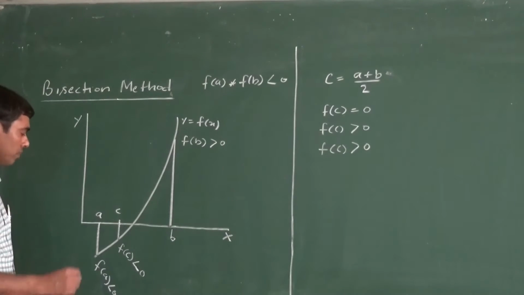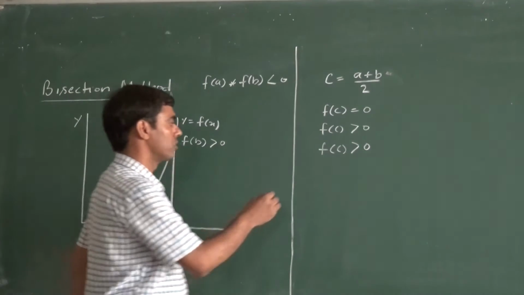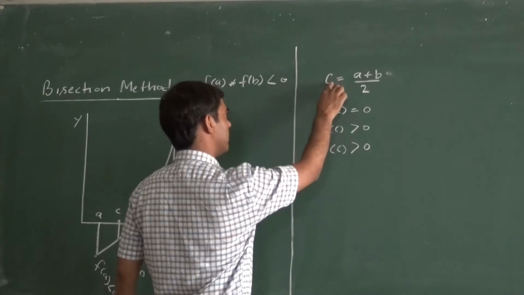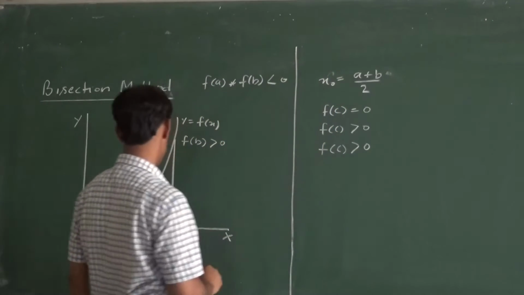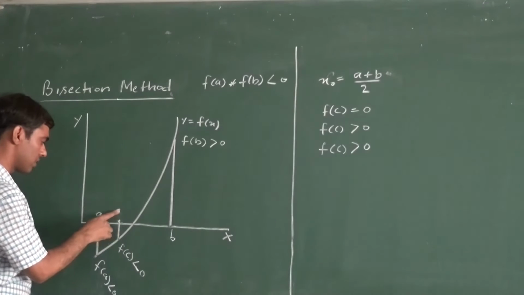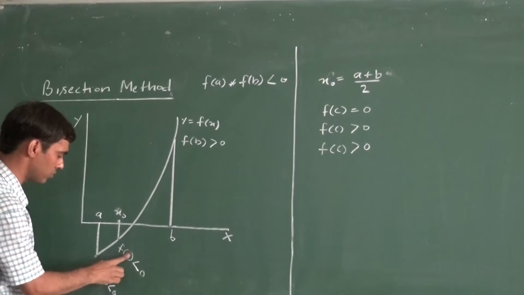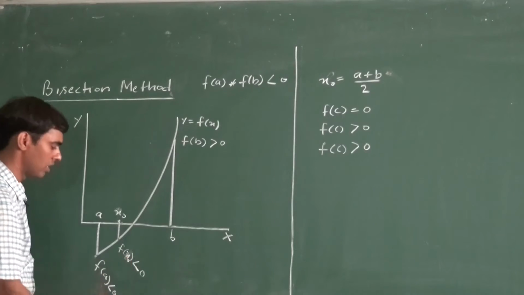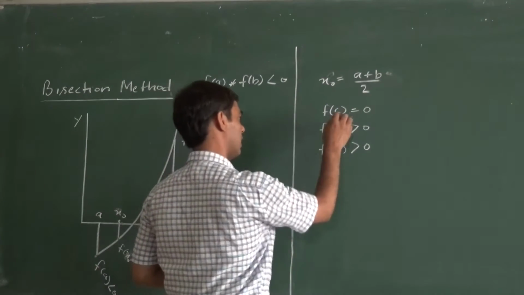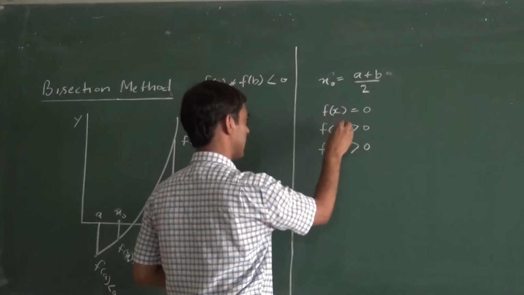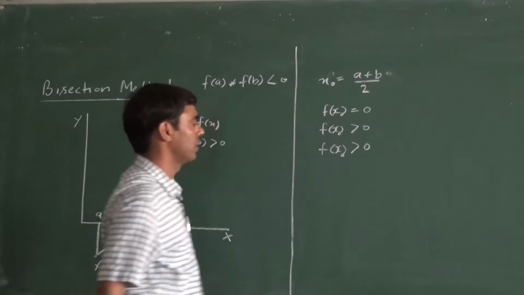If we closely observe this algorithm, here we denote this one not by c but by x0, so this is x0, where f(x0) is less than 0, and similarly here we write x0 and b.